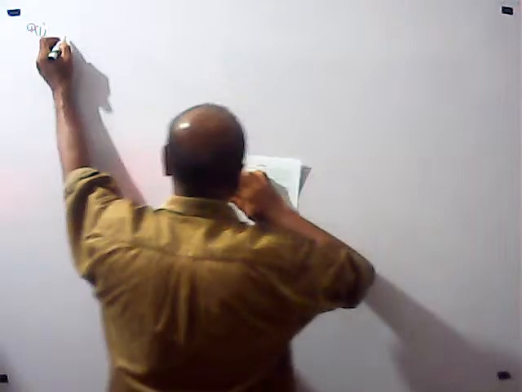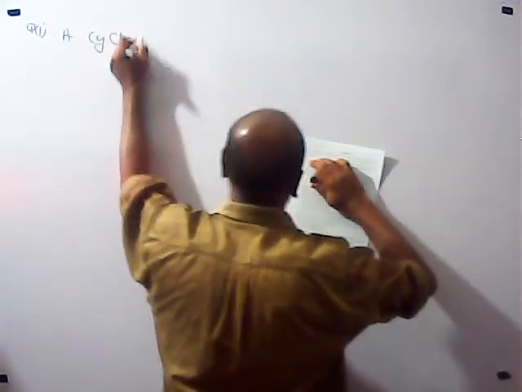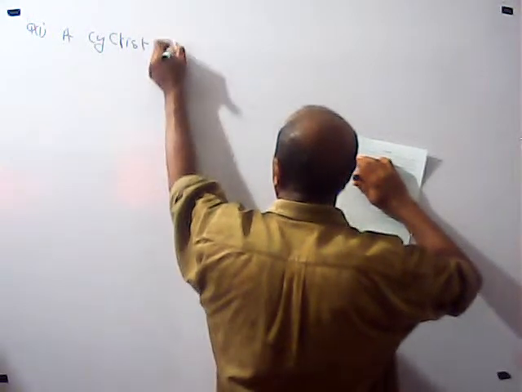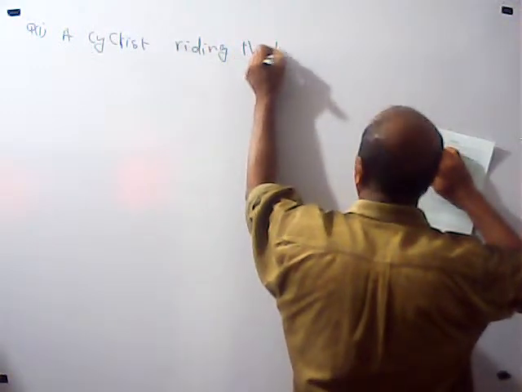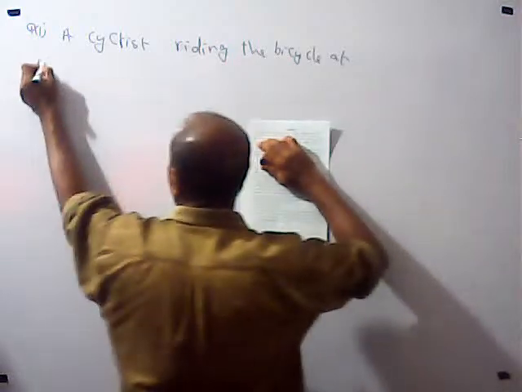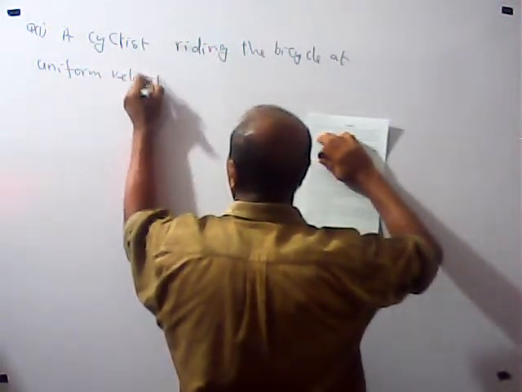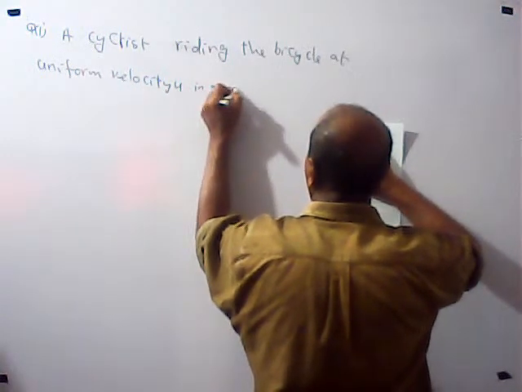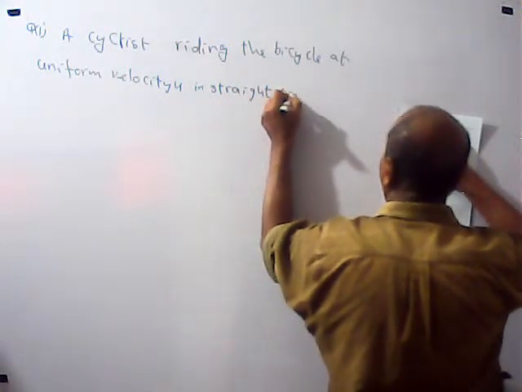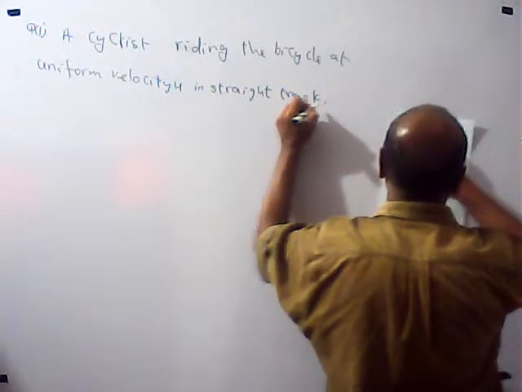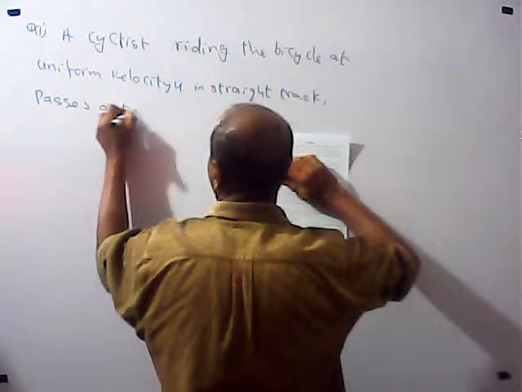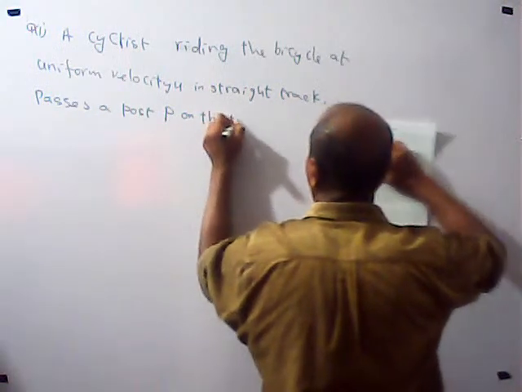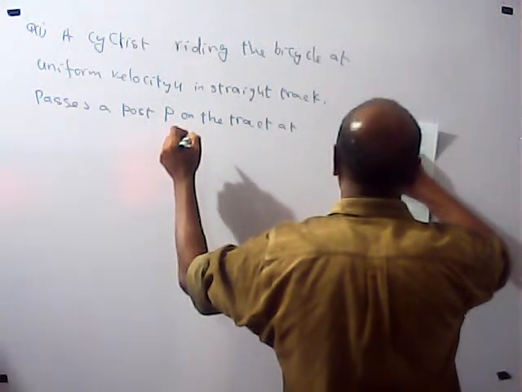Right. Question number 1. Take down: the cyclist riding the bicycle at uniform velocity u in a straight track passes a post P on the track at a particular time.